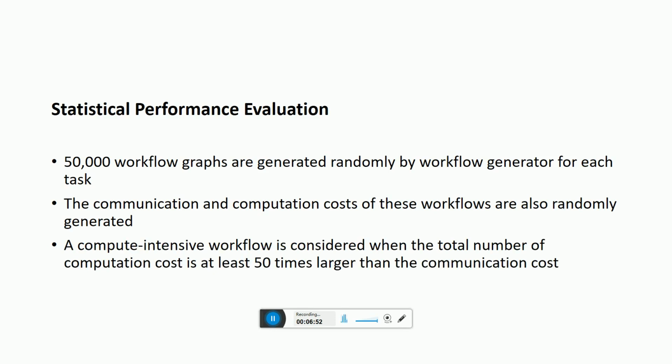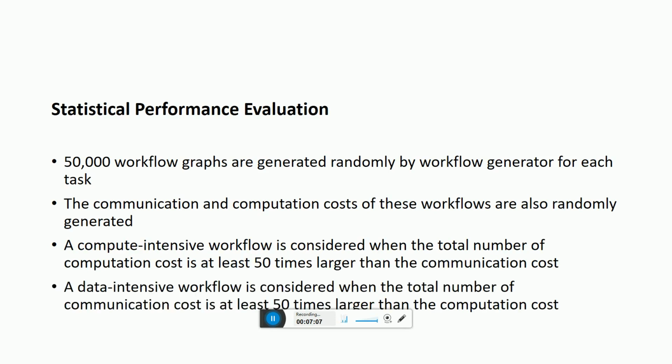A workflow is considered compute-intensive when the total computation cost is at least 50 times greater than the communication cost, and data-intensive when the total communication cost is at least 50 times larger than the computation cost.